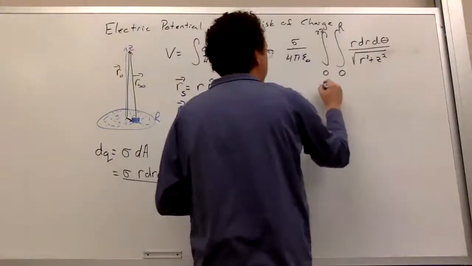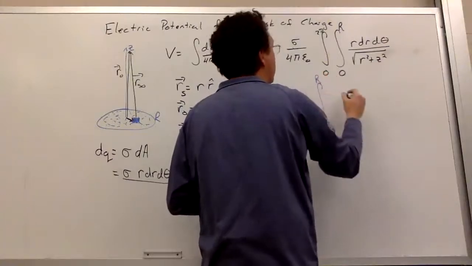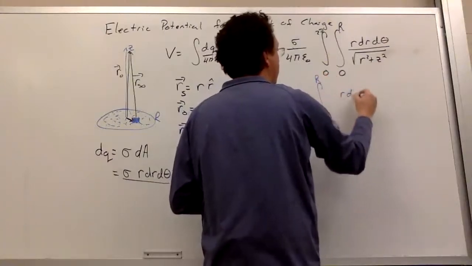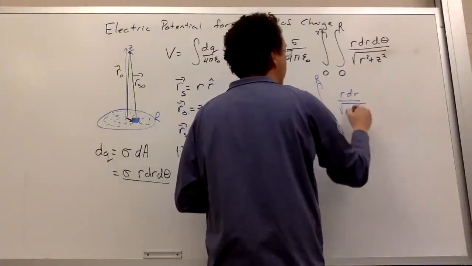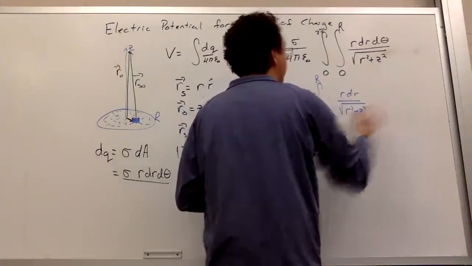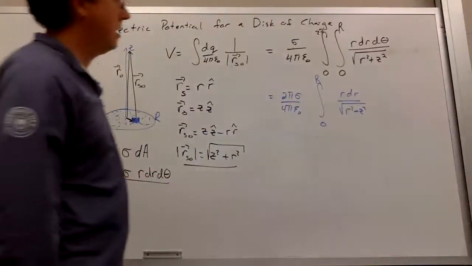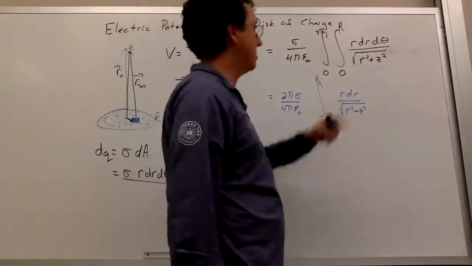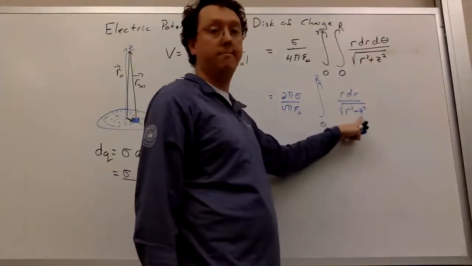And then I have to do an integral from 0 to capital R of r dr over the square root of r squared plus z squared. Now you can do this in lots of ways. You can use u substitution, make u equal to r squared plus z squared.